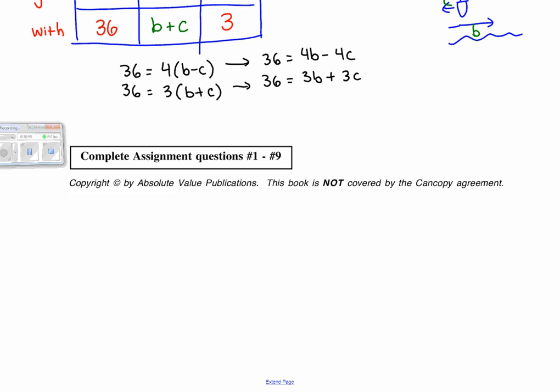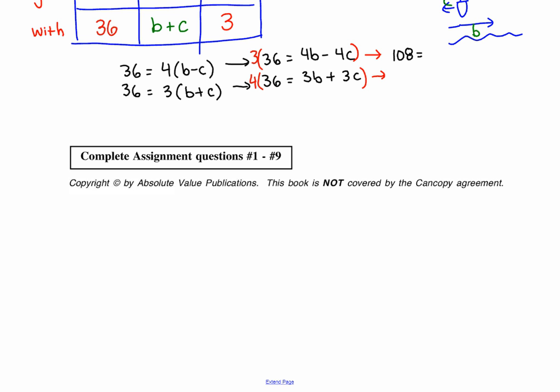Okay, C, because the C's are already opposite signs. That's nice. So if I'm eliminating the C's, what would I have to multiply the first equation by? 3. Second equation we'd multiply by 4. Right? So, what is 36 times 3? 108.